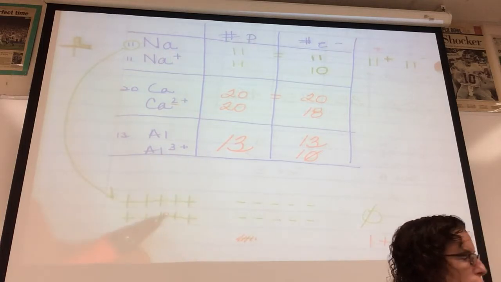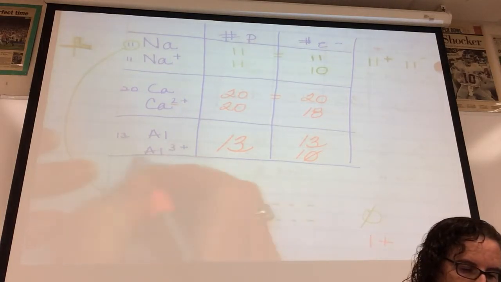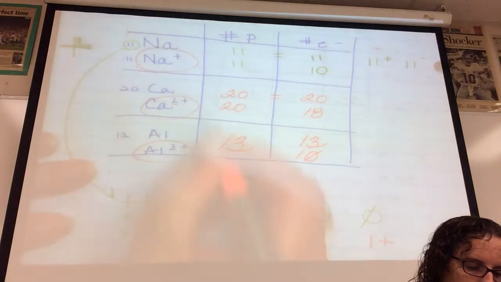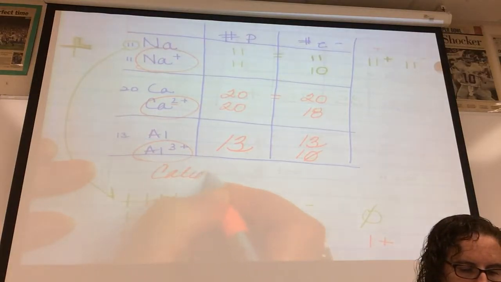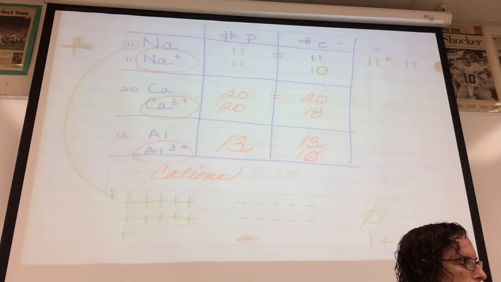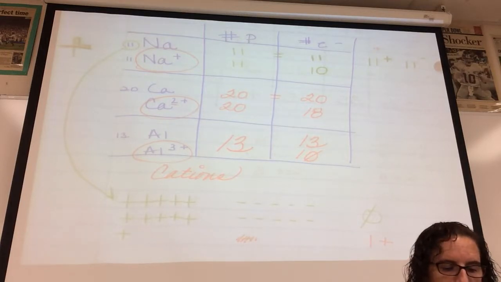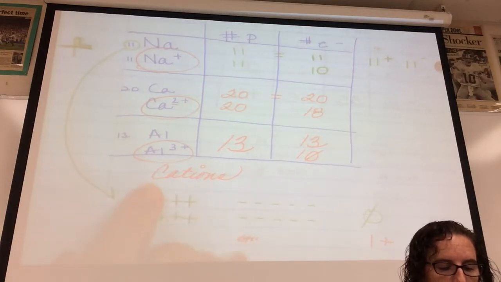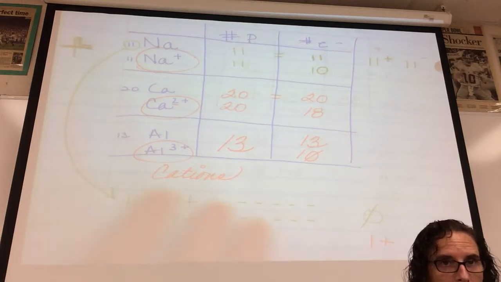A positive charge. These circled in orange are cations, positively charged ions. And some of the kids will remember this by saying, oh, cats have paws, positively charged.